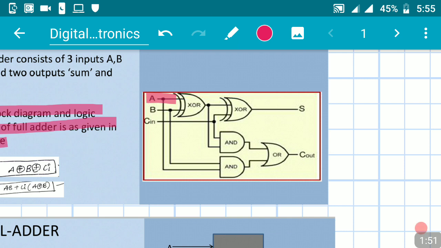We are going to have A as input, B as input, and C in as one more input. A and B are given to the XOR gate, and the output of XOR gate is given to one more XOR gate.